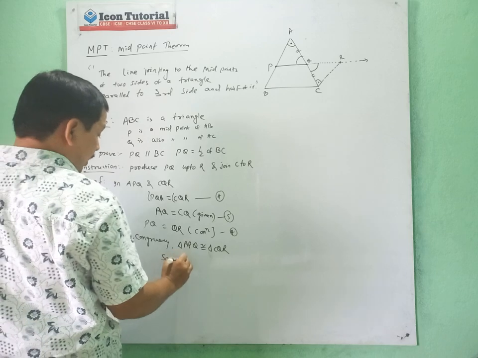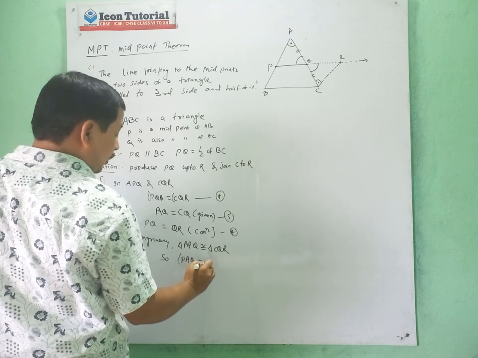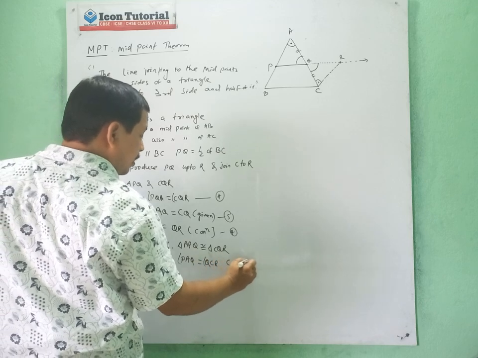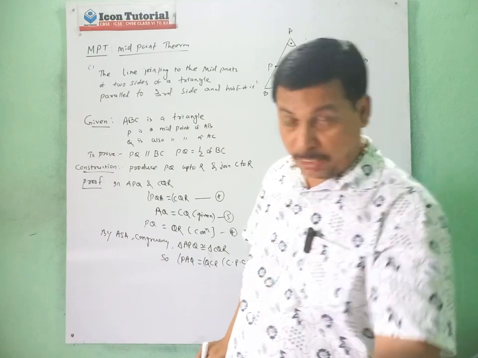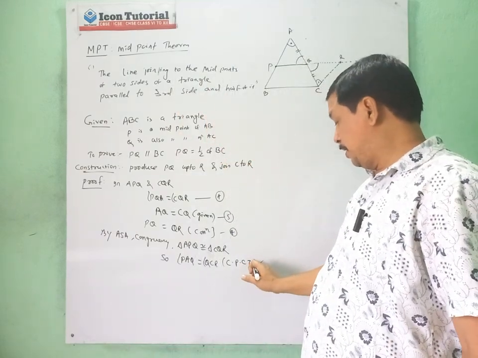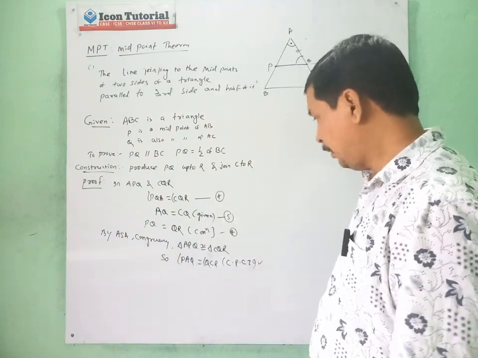So angle PAQ is equal to angle QCR by CPCT. You know CPCT, corresponding parts of congruent triangles are also congruent. You can write the shortcut CPCT.